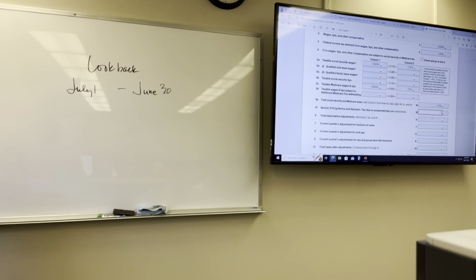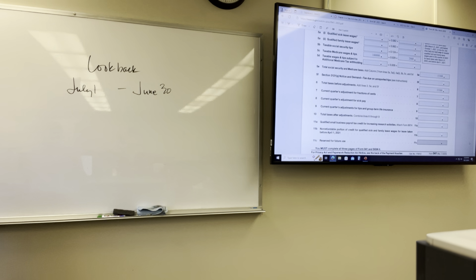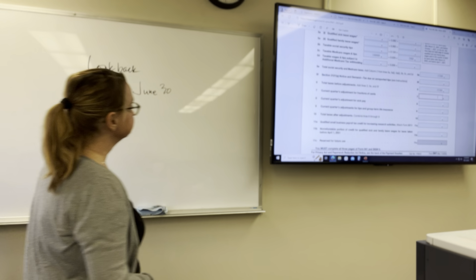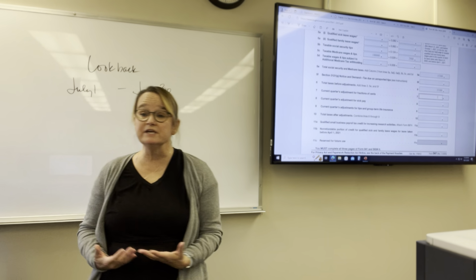Total tax before adjustments. Well, it says add lines 3, 20,000, 5E, 15,300, and 5F. We have nothing in line 5F, so we're not going to add anything there. So 35,300. All right. This is the part that confuses a lot of students. So we've calculated what we owe.